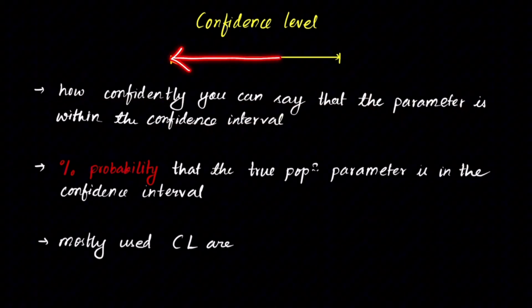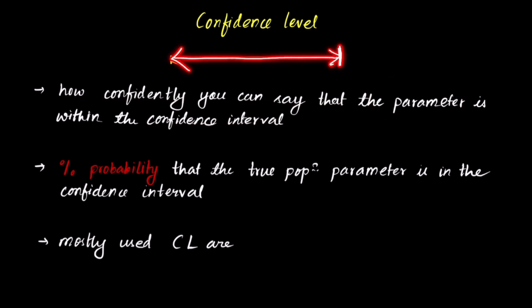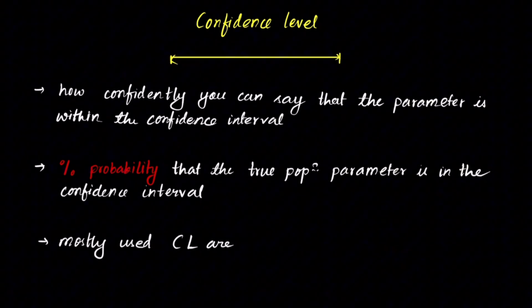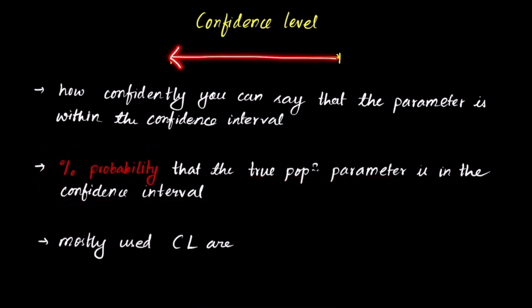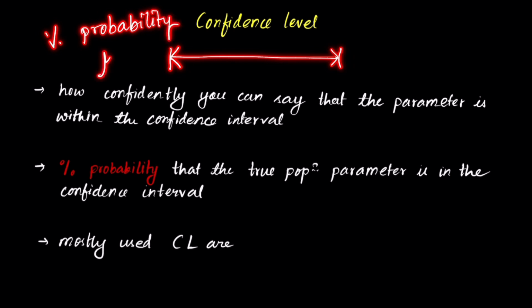How confidently can the surveyor say that yes, the mean weight of the population is present in between this lower limit and this upper limit? How confident is the surveyor? In other words, it tells the percentage probability that the true population parameter is in the confidence interval. Basically, within this confidence interval, what's the probability that the mean weight of the population is present somewhere in this interval?